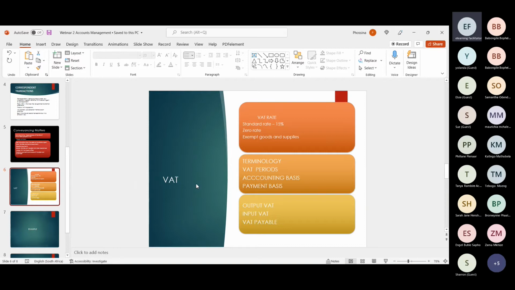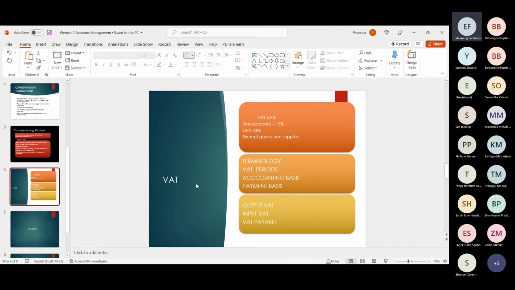And your rental. If you are renting somewhere where it's commercial and the practice is being charged VAT, then before you can pay over the VAT that is coming from the clients, you can deduct that one that the firm has been charged. And then at the end of the day, you determine the VAT liability. That is what you submit and pay over to SARS.